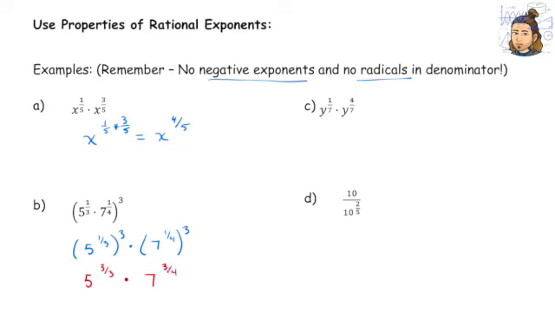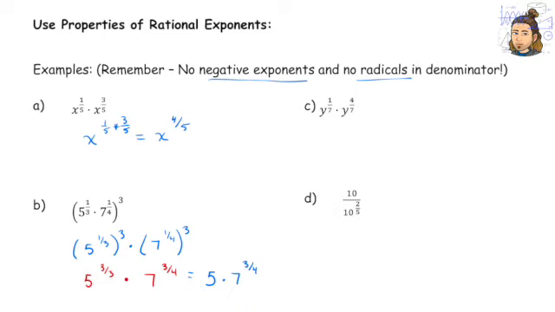And 5 to the 3/3, well, that's 3/3, which is just 1. So when we simplify this down one more time, we just get 5 to the 1, which is just 5, times 7 to the 3/4. So we can use those exponent properties to clean these expressions up.